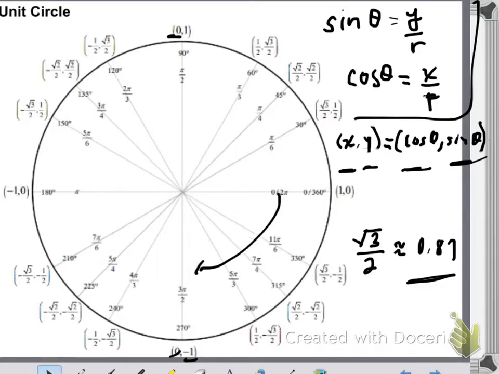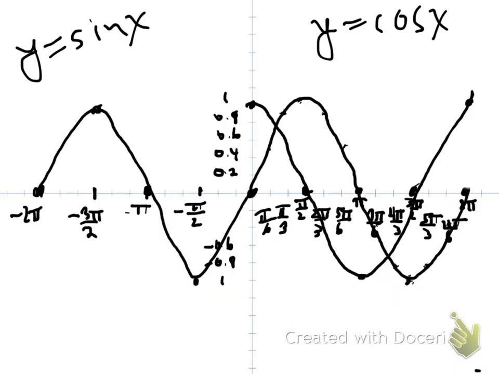Again, that's really 3 pi over 2, so that's going to be 0. Alright, negative pi is going to be negative 1. Negative 3 pi over 2 is going to be 0. And negative 2 pi is going to be 1. So connect these.